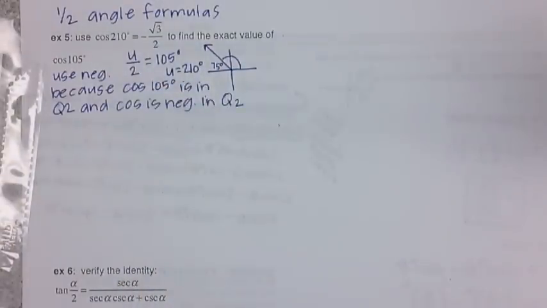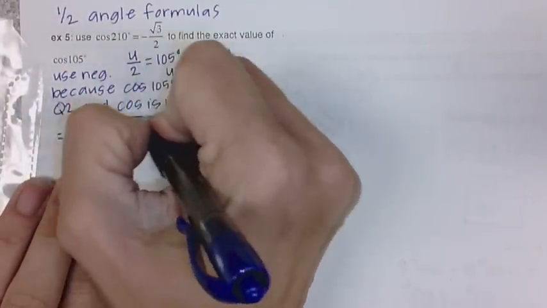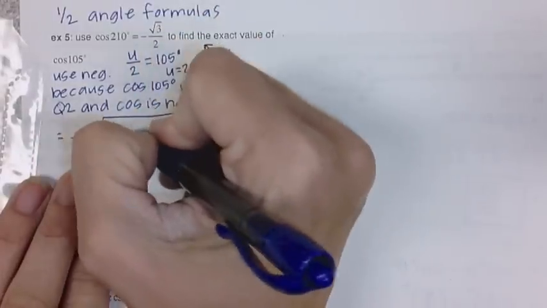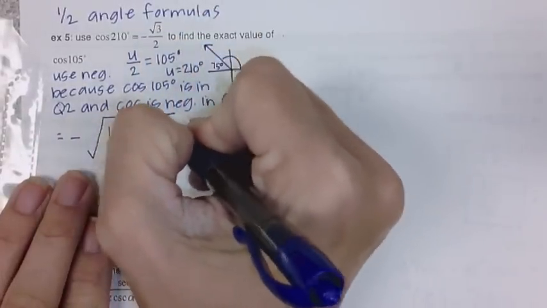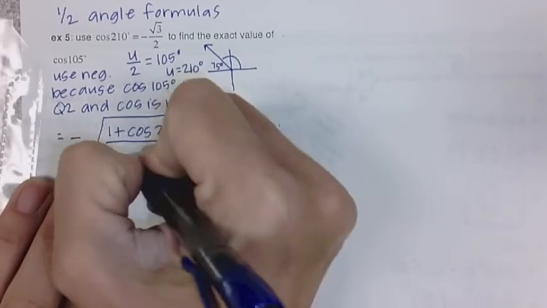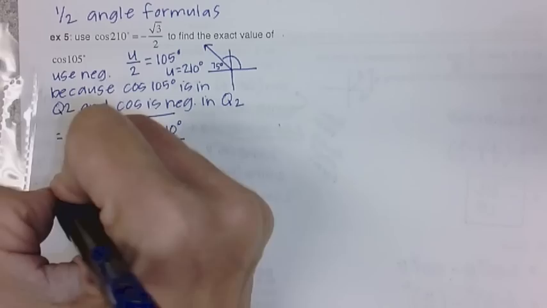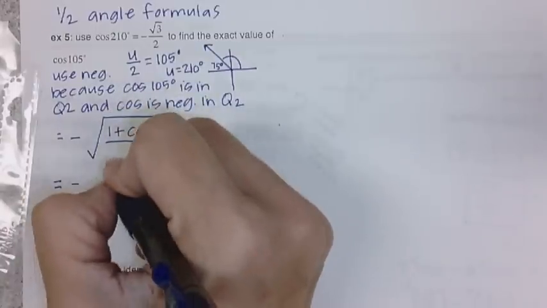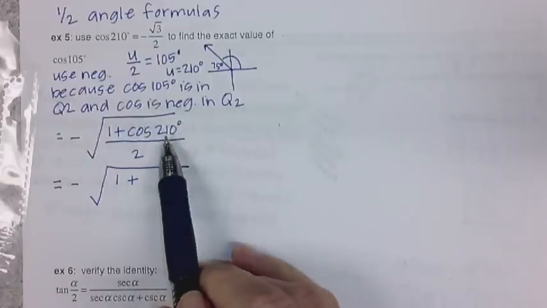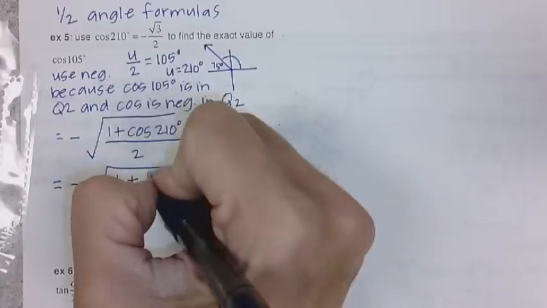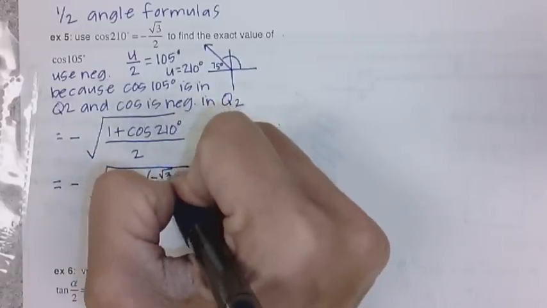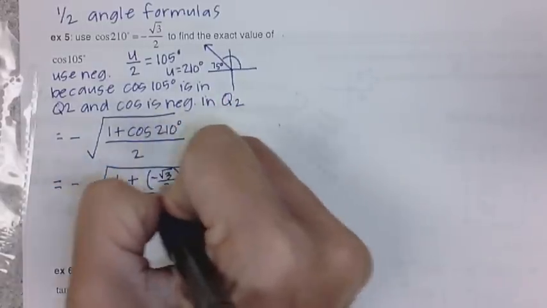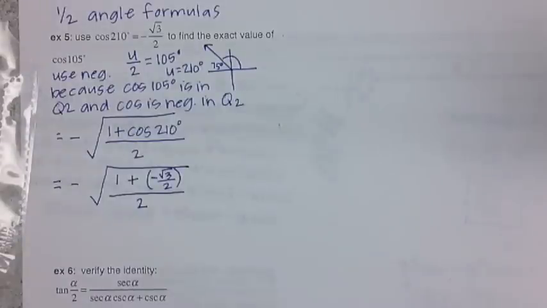So now we're ready to go ahead and use the formula. So it's going to be negative square root of (1 plus cosine 210) all over 2, which is the same thing as negative square root of 1 plus, we know the cosine of 210 is negative root 3 over 2, so we can put that in the equation now.